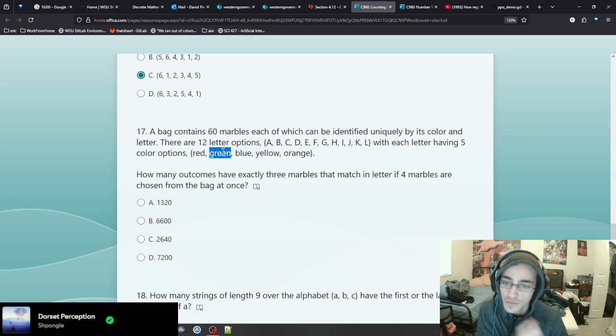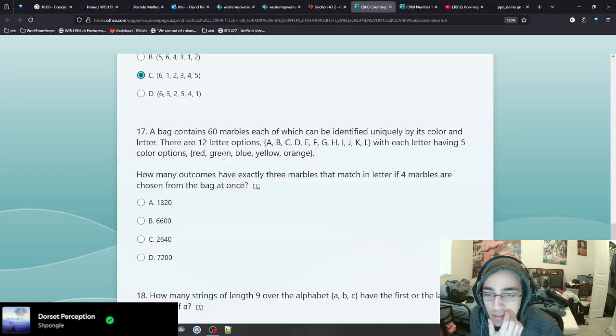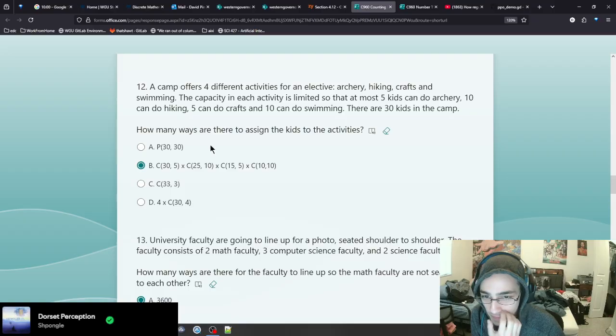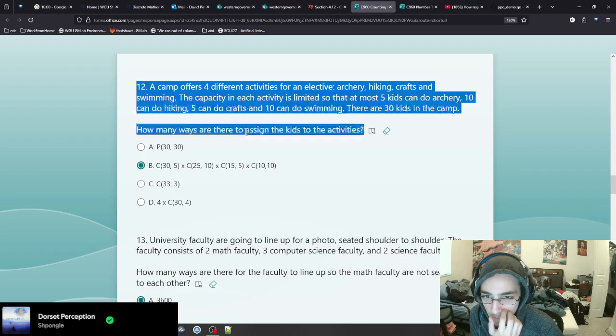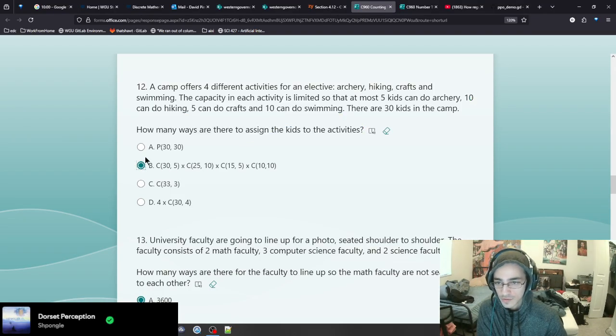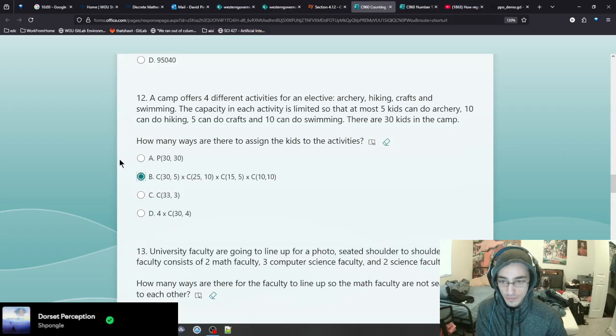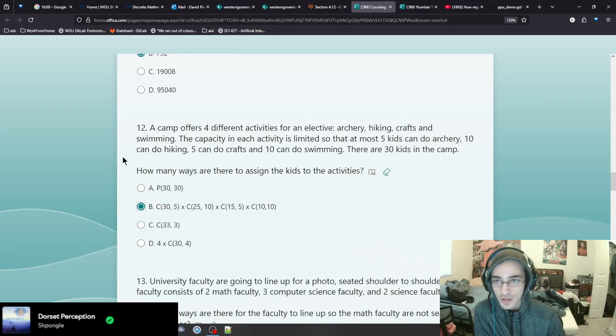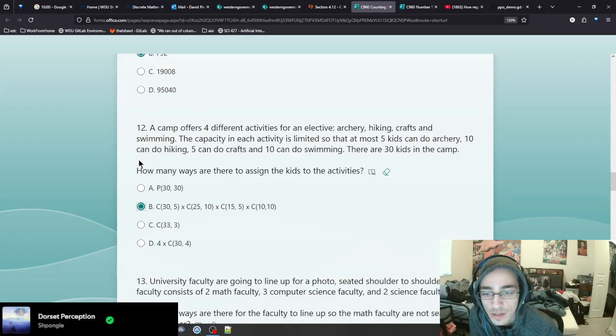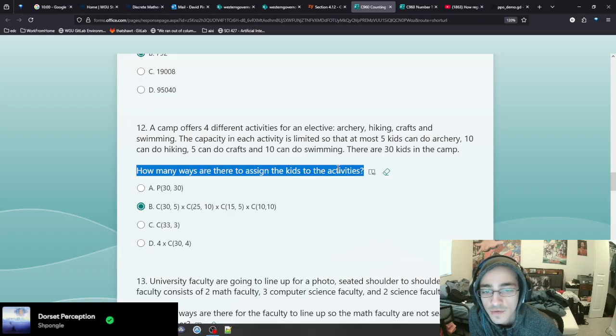Cause I'm kind of going blank on this, and I still gotta do question 12 again because this was like a weird question, you know. Oh my god, how many ways are there to assign the kids' activities?